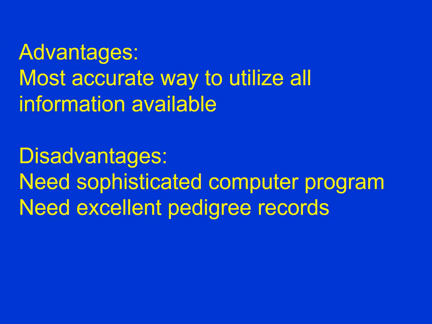Well, what are the advantages and disadvantages of calculating estimated breeding values, EPDs, PTAs, etc., for these animals? It's most accurate if you can utilize all the information, so we're using information from all the relatives rather than just the individual himself or a few progeny. The disadvantages: you need a sophisticated computer program.